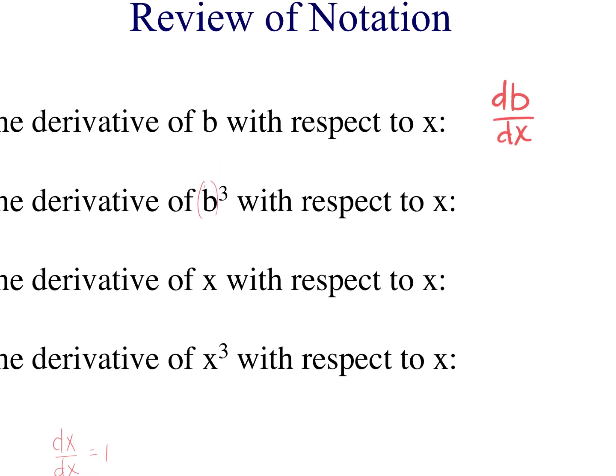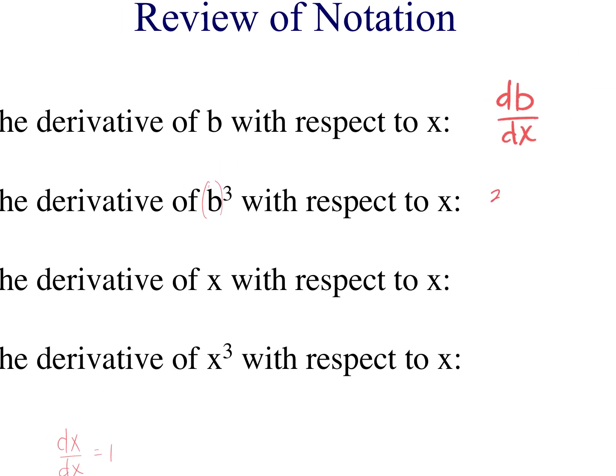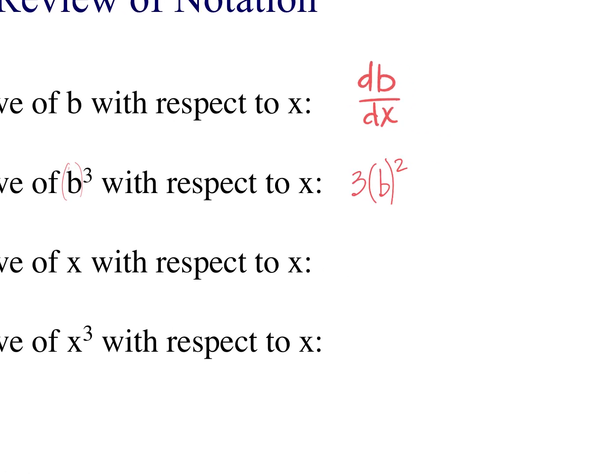So the derivative of b cubed is not just 3b squared. It is 3 parentheses b squared. And because there are parentheses, we need the chain rule, and we need to have db dx on it. This is for every other variable other than x.